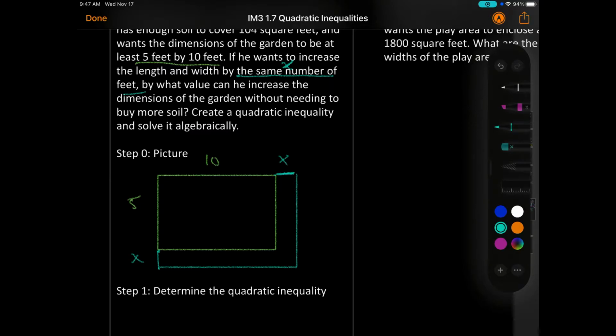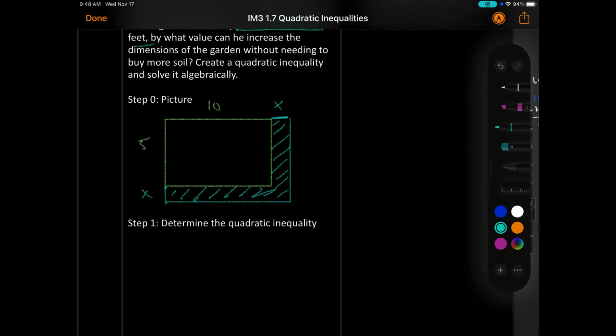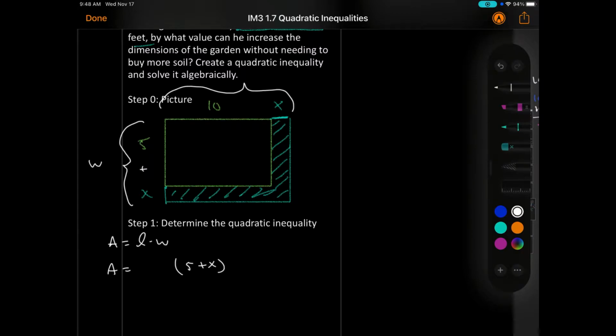The blue area is what we're trying to increase it by. If area is length times width, and let's call this one width, this would be 5 plus x, or x plus 5. In this whole new area, we'll call length, that would be 10 plus x.